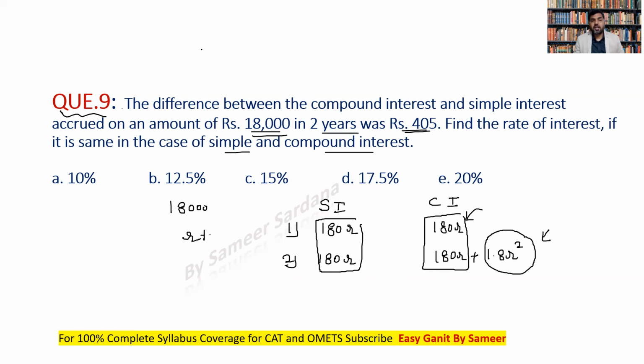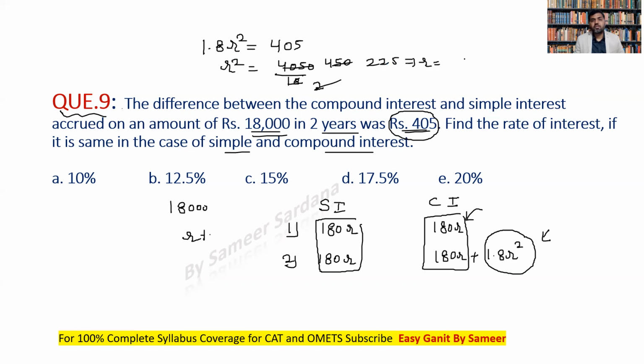So can I say that 1.8R square is equal to 405, because it's given that the difference is 405. R square is 405 upon 180. That will cancel to 225. So R will be the square root of 225, which will be equal to 15. So you'll get it. Rate of interest is 15%.